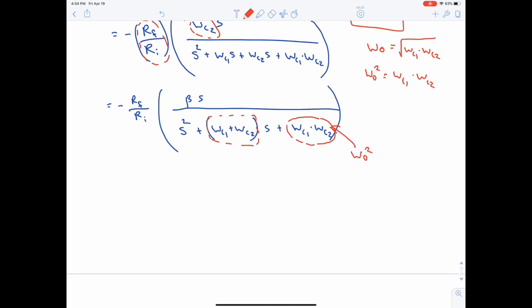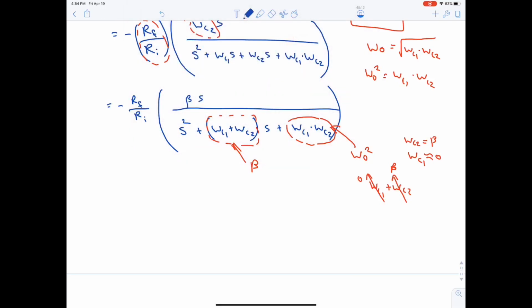Okay, omega c1 plus omega c2. We said omega c1 is almost 0 and omega c2 is equal to beta. So this is almost 0, and this is beta. Okay, so this entire thing will be beta.